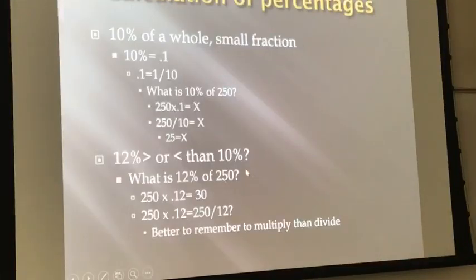So that's confusing point number one, is that sometimes it's a little more difficult to divide than just multiply by the decimal. Incidentally, 10% of 100 is 10, right? 12% of 100 though would be more like 8 point something. 8 times 12 is 96, so it'll be 8 point something.